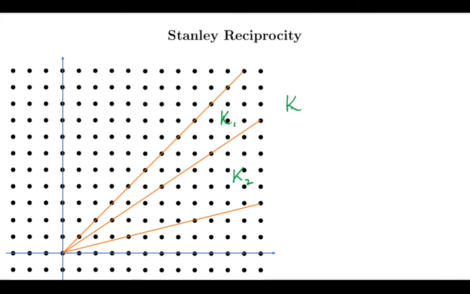I will translate this whole picture by a real vector v in such a way that, number one, I will lose all the points on the boundary of K. That really means I'm going to capture the integer point transform of the interior of the cone. But I will also lose integer points on the boundaries of the simplicial cones in the triangulation. So in this case, I might do a shift like that.